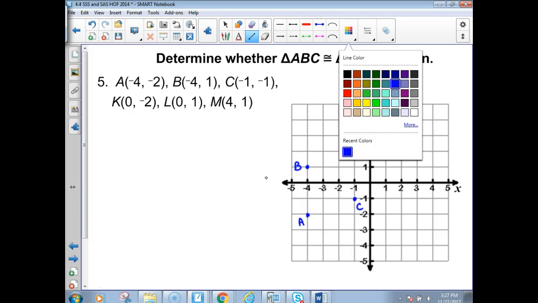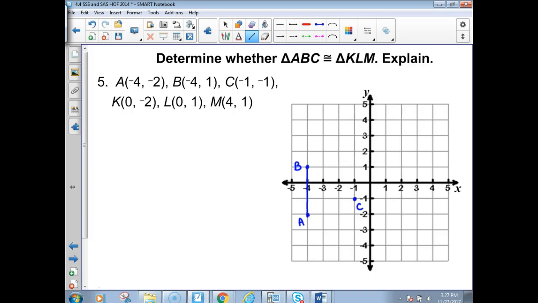Let's see if my pen will cooperate here. There we go. Okay, make the other triangle. 0, -2 is on the y-axis. 0, 1 is on the y-axis. And 4, 1.